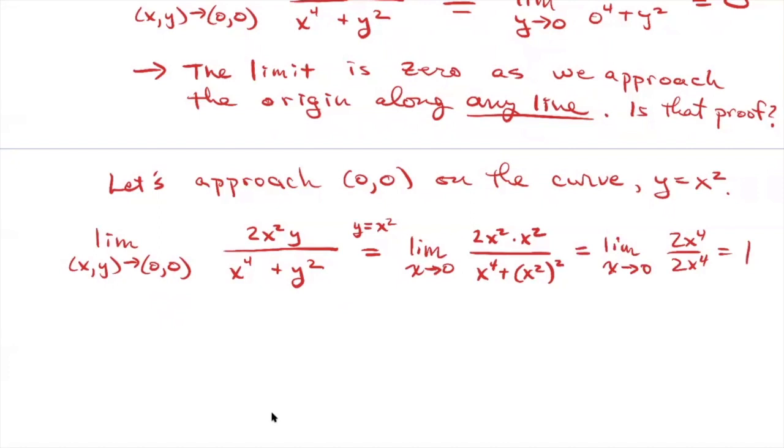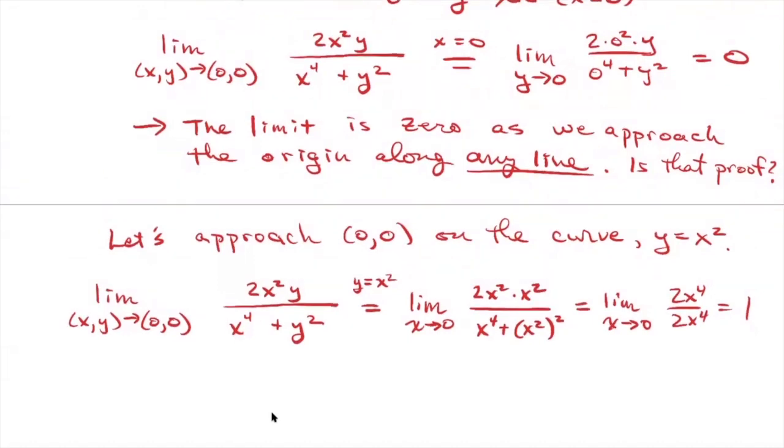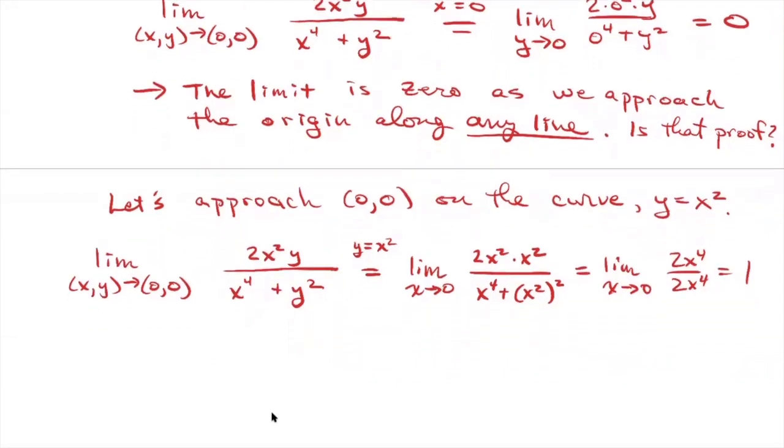When we approached the origin on every line, in every case we got 0. But here, if you approach along this curve, y equals x squared, you get 1. So this proves that the limit doesn't exist.